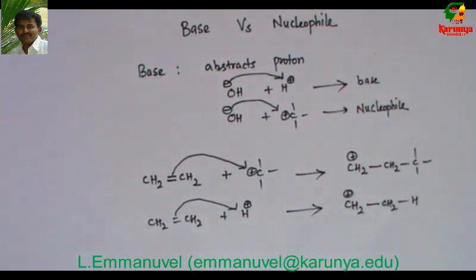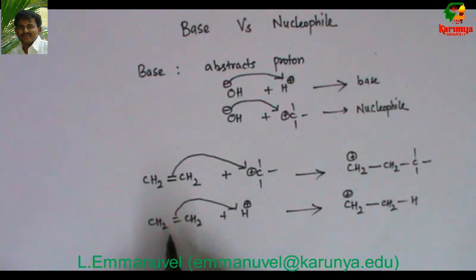So this is a method to generate carbocation. Already we have seen when we add H plus to alcohol, we get carbocation. Similarly, when you add H plus to alkene, we get carbocation. And the reaction involves a nucleophilic attack to H plus.